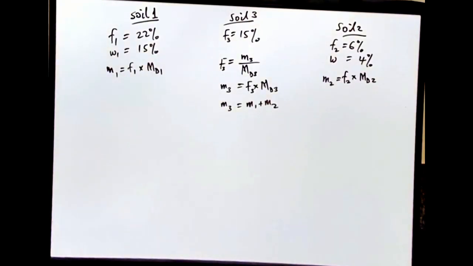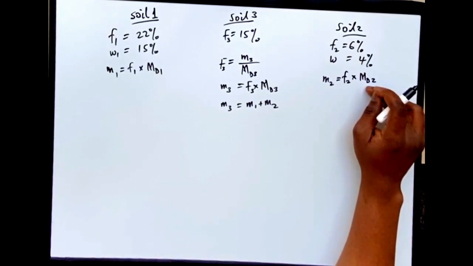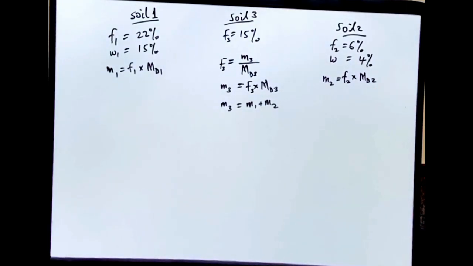Now I'm going to work in wet weights instead of dry weights, and I'll explain to you a little bit later why we need to work in wet weights. And I'm going to use MT to denote the total wet weight.